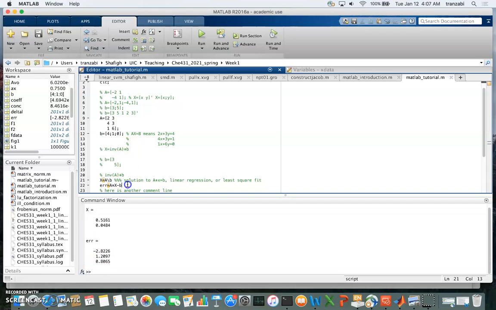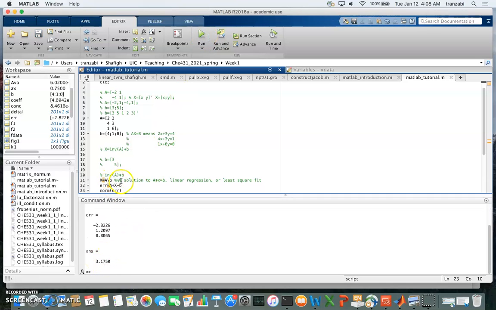Okay, so we can test this. Let's calculate the sum of squares of the error. The function to do that is norm. So I'm going to call norm of error, which means the first element squared plus the second one squared plus the third one squared, and you take the square root of the sum. That gives you the norm. And if you do that, the norm is 3.1.